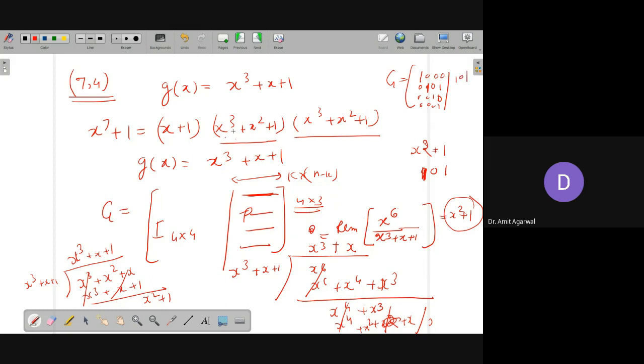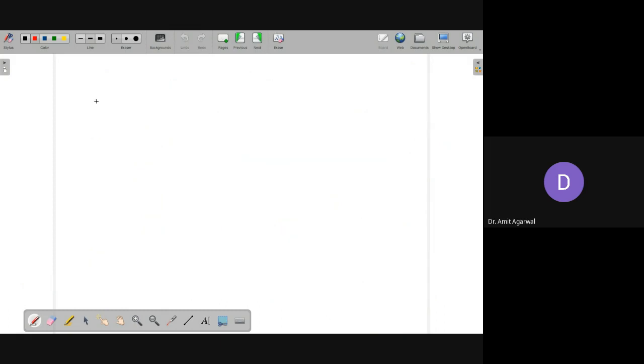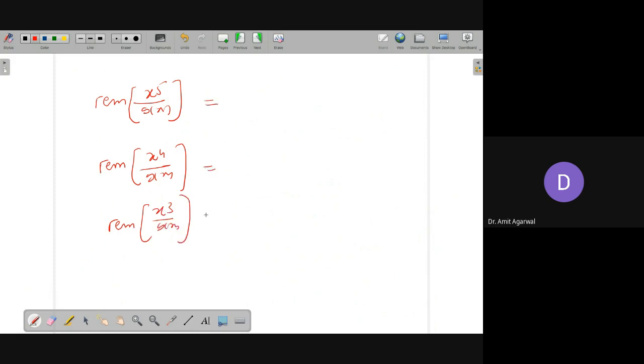Similarly, what would be the second row? The second row is the remainder of x to the power 5 divided by g(x). The third row is the remainder of x to the power 4 divided by g(x). And the last row will be x to the power 3 divided by g(x).